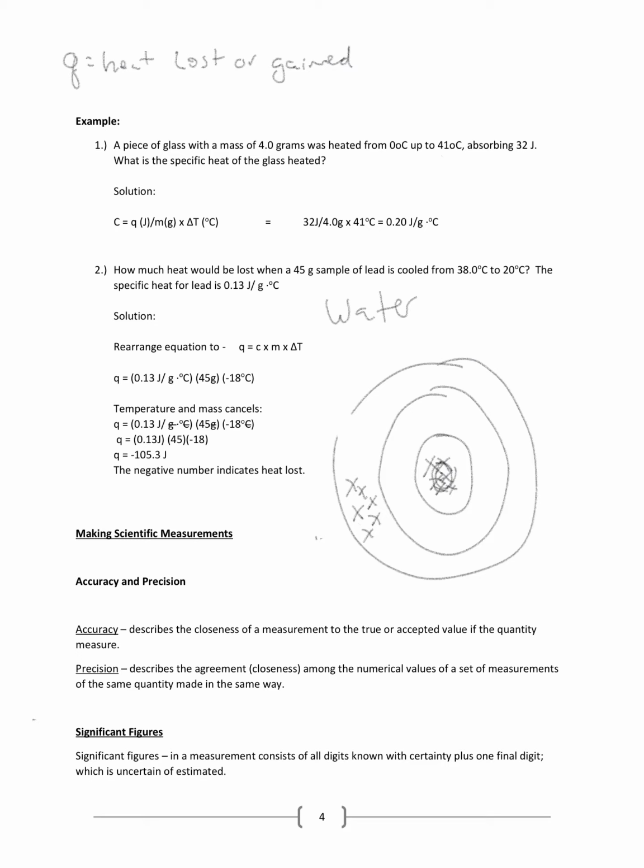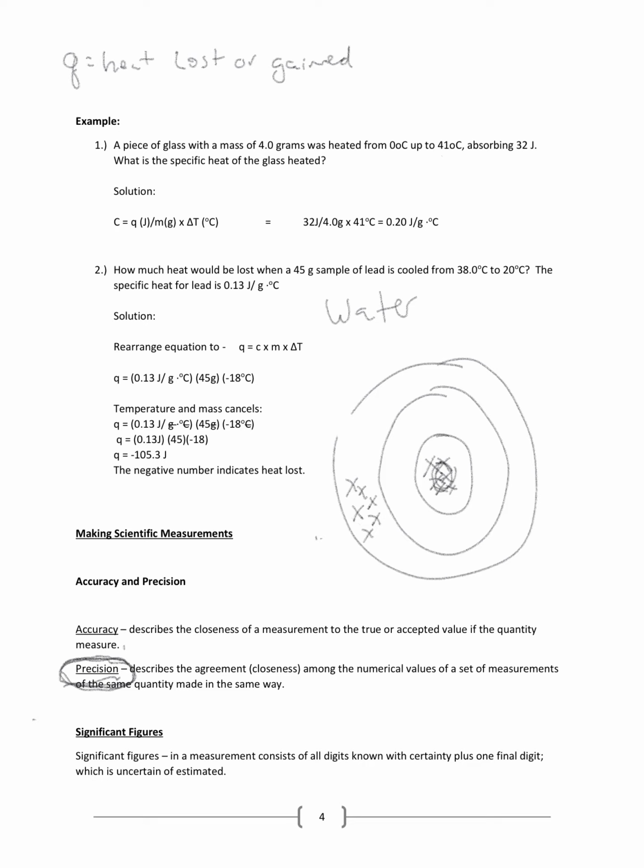Why are accuracy and precision important? In science, when we make measurements, we talk about how accurate the measurements are and how precise they are. Precision really is dependent upon the methodology that a person is using to make a measurement.